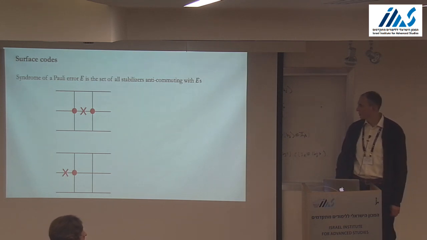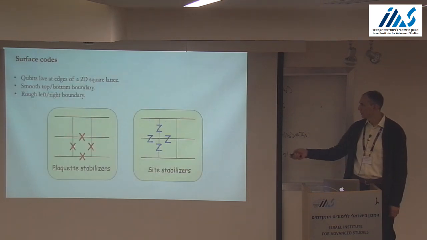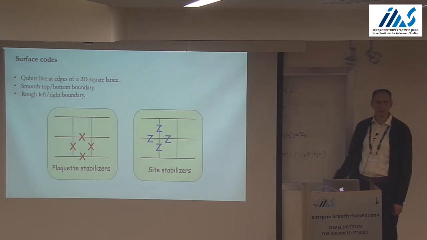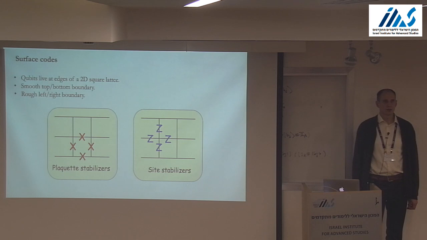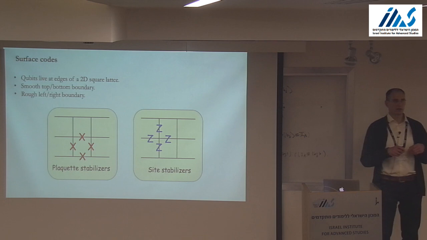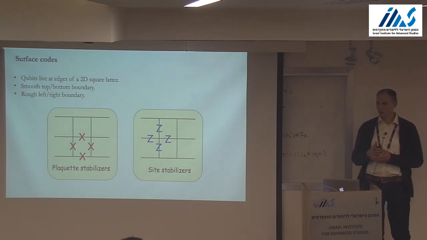Oh, sorry. So remember that we define the code in terms of these stabilizers. We use Pauli operators in two different ways. We use them to describe errors, but we also use them to define stabilizers of the code. Maybe it will help to clarify.